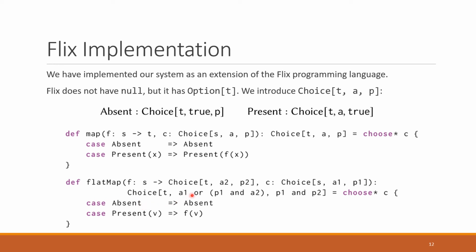So that's what's captured here. So saying if the input was absent, then the result can be absent. The alternative is that the input was present, so P1 is true, but then the function actually returned us something that is absent. So that means the input was present and the function gave us something that was absent. So we get this interesting type for flat map.